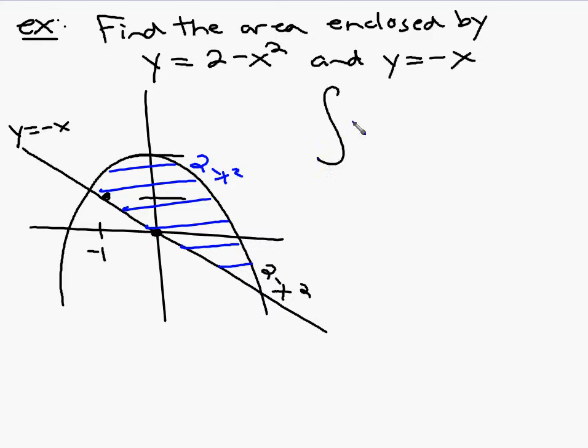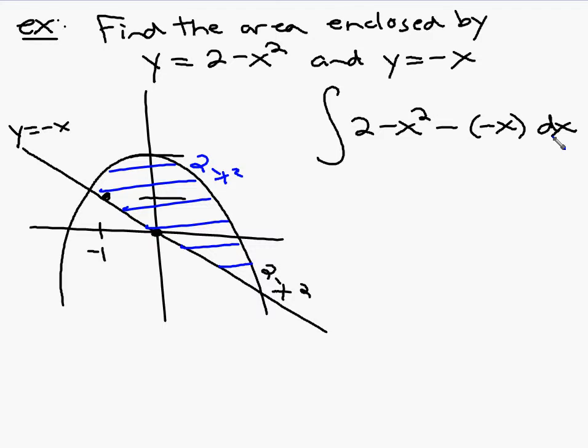The integral will be 2 minus x squared minus, don't forget that minus sign, minus the bottom function, which is negative x dx. Very important that you remember the minus sign. Very common mistake.